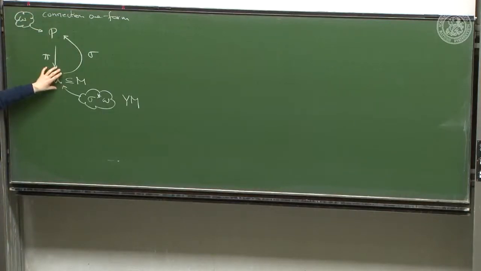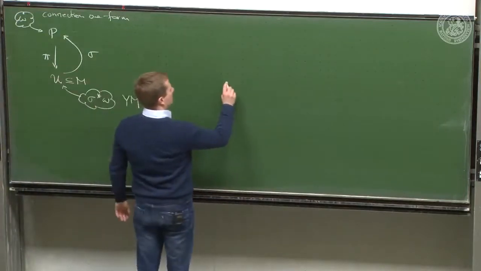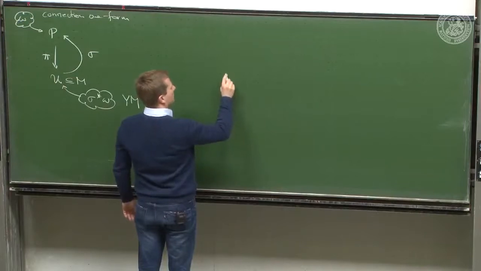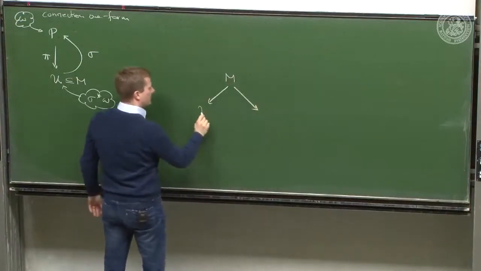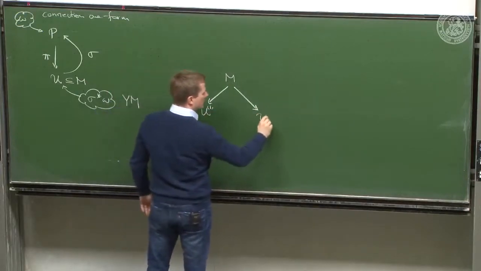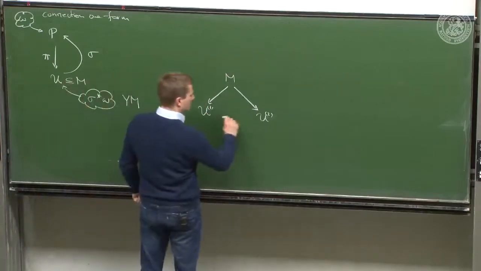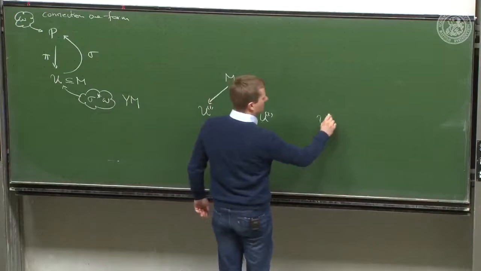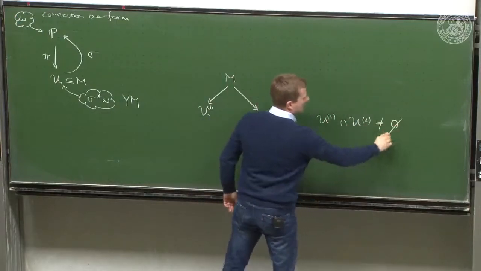various local pieces. And as you know, if you have a manifold here, then you may look at various local pieces. You can look at the local piece U1 or the local piece U2, and you may look at U1, U2 domains that intersect.